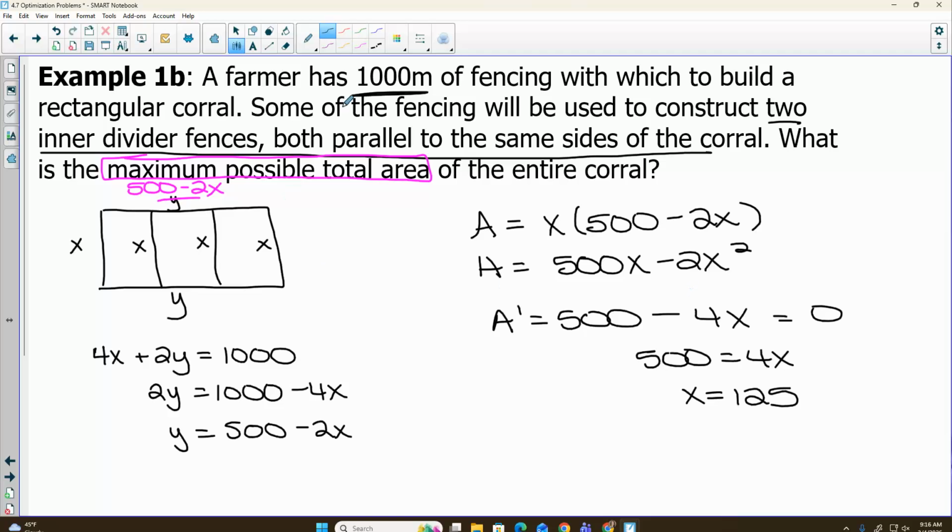Now we just need to go back and make sure we answer the question. So this time I was asked, what is the maximum total area? So I didn't want dimensions this time, I want the area. So what do I do with this? Good. So if I do that, my y, 500 minus 2 times 125.